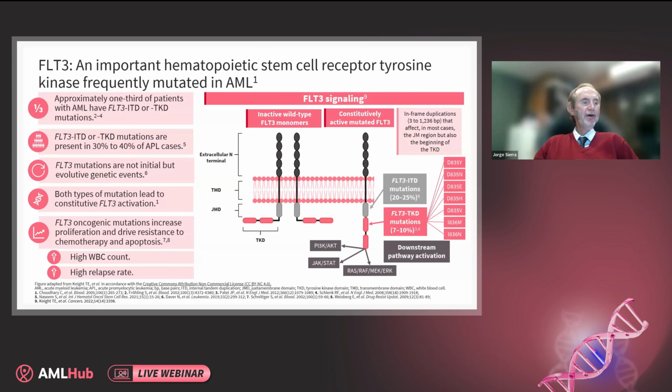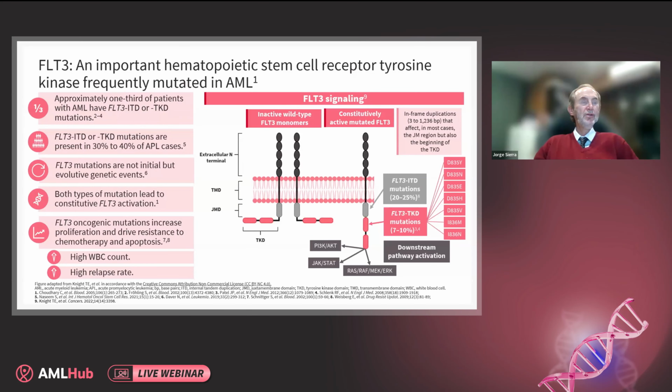The other type are point mutations that lead to the substitution at codon aspartate 835, and these are mutations in the TKD domain. FLT3-ITD mutations can be in general in the juxtamembrane domain and less frequently in the beginning of the TKD.